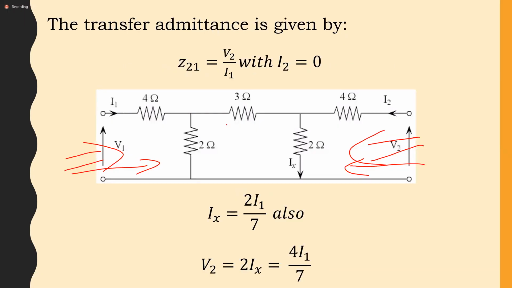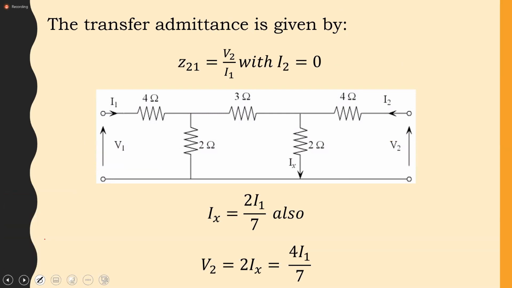All right, let's make sure we understand the question. What we're finding is a relationship between I1 and V2. Agreed? Yes, sir. Okay. Now, based on where V2 is, if I2 is equal to 0, meaning we have an open circuit, would you agree that the voltage across this resistor would be 0? Yes, sir.